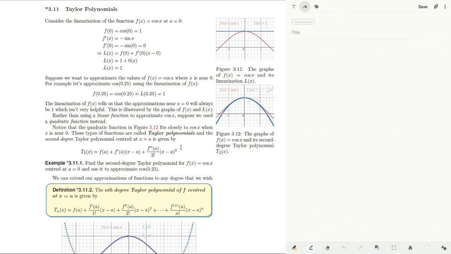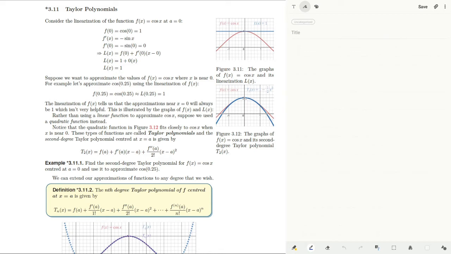So notice that this is similar to the linearization. So we have the f of a plus f prime of a times x minus a, but we have this additional quadratic term. So if we look at the second degree Taylor polynomial, which is given by this blue curve, we see that it fits quite closely to the cosine of x when x is near 0.